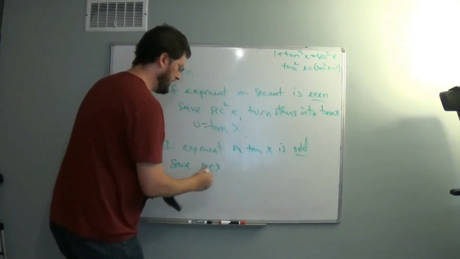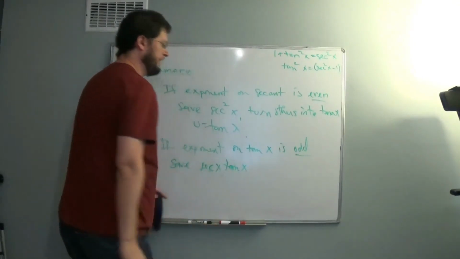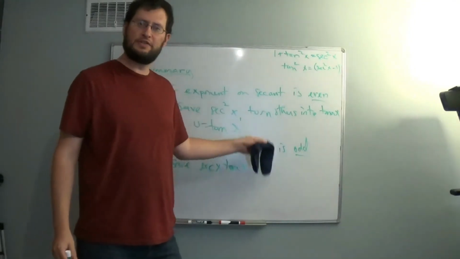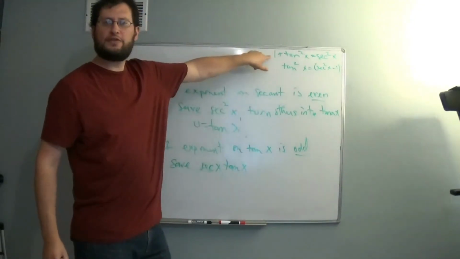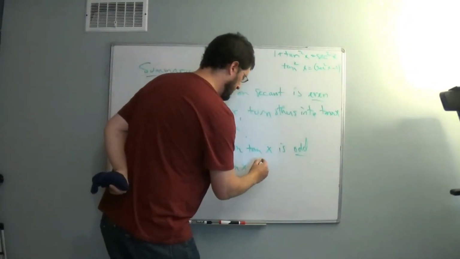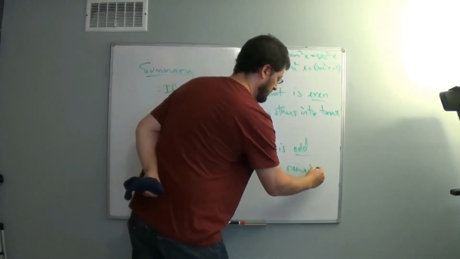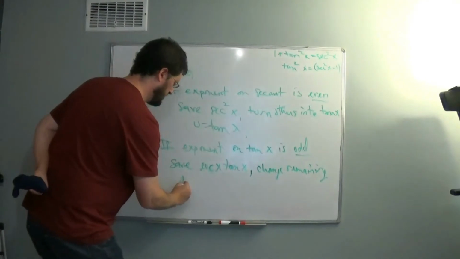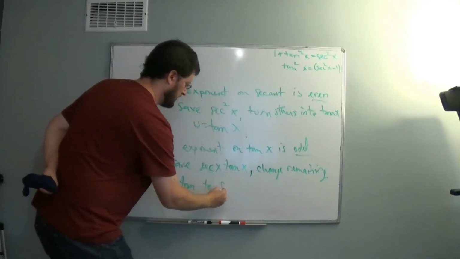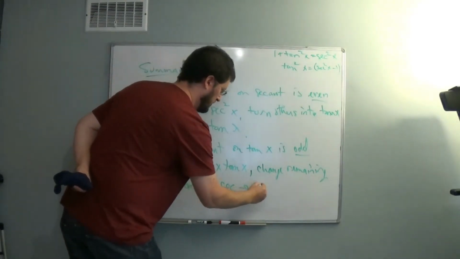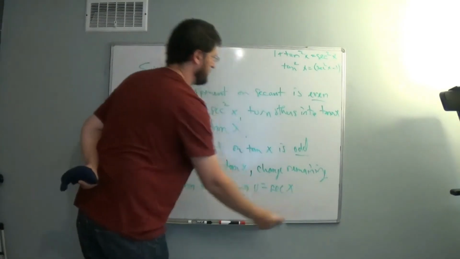So save secant x, tangent x. That leaves me with an even power on tangent. Use that formula to turn it into secant. Change the remaining tangents to secants, and then let u equal secant x.